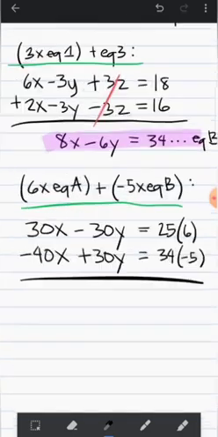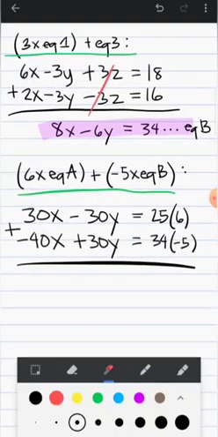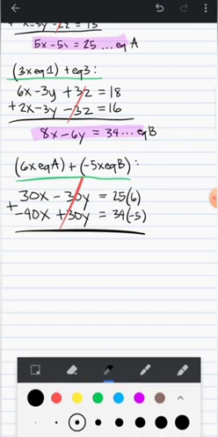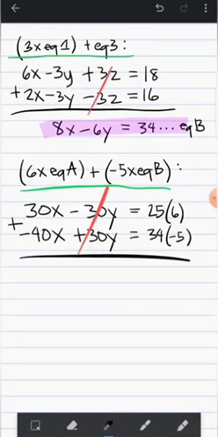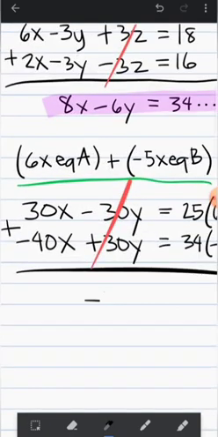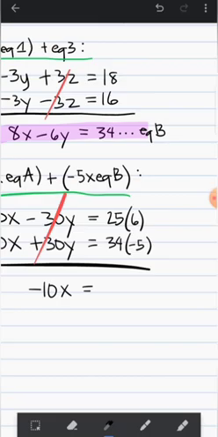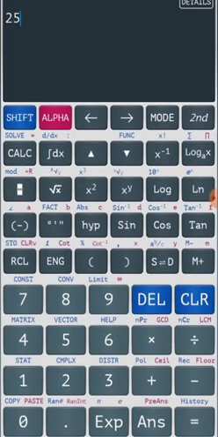And then add these two equations. So now we can cancel out y, and with this, we get the value of x. 30x minus 40x is negative 10x. That would be equal to 25 times 6 plus 34 times negative 5.